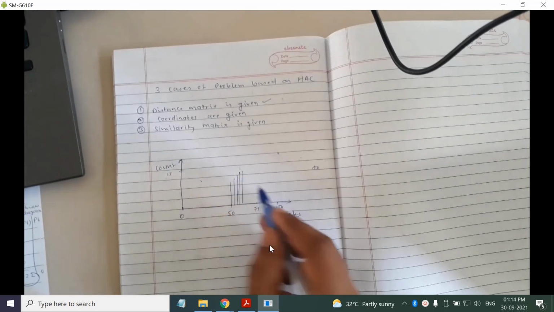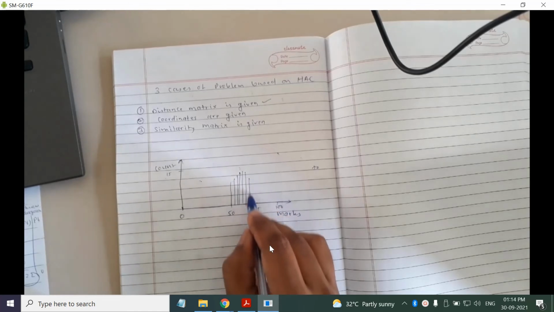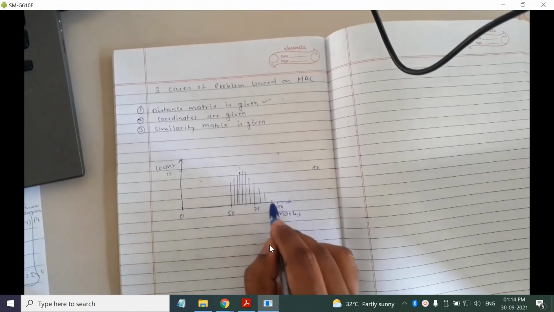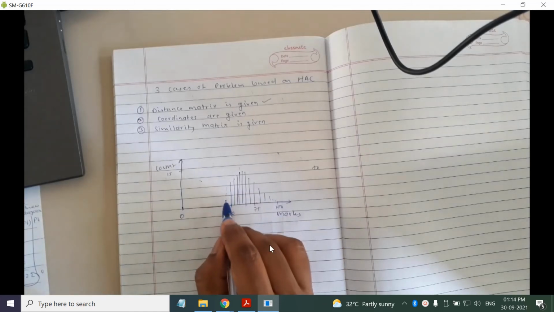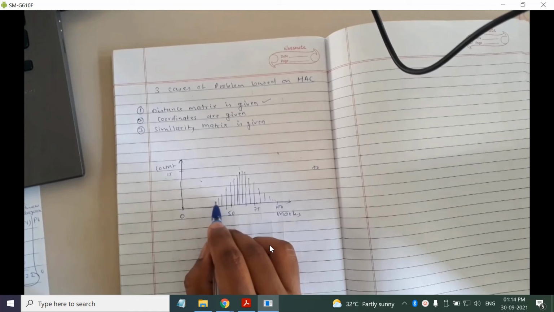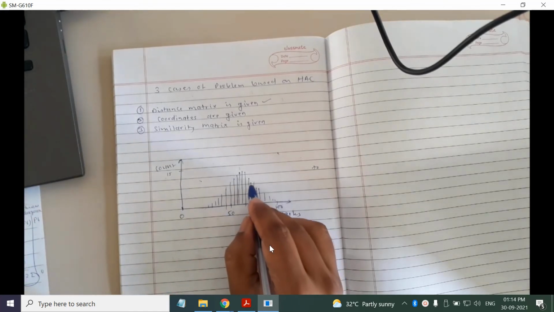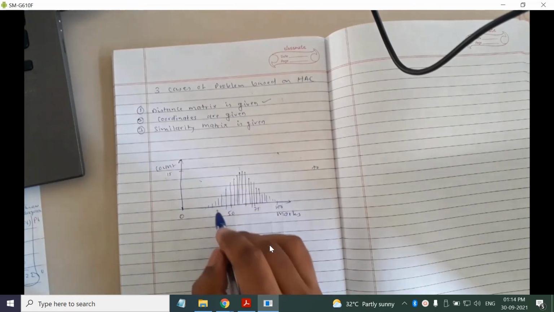Most of the students score in the average, and there will be very few toppers and very few failing students, right? Most natural phenomena follow this pattern.